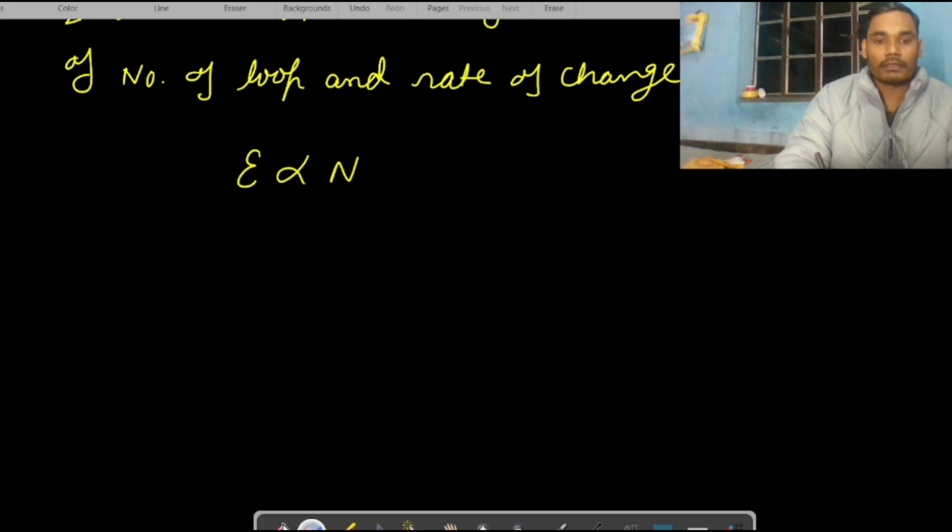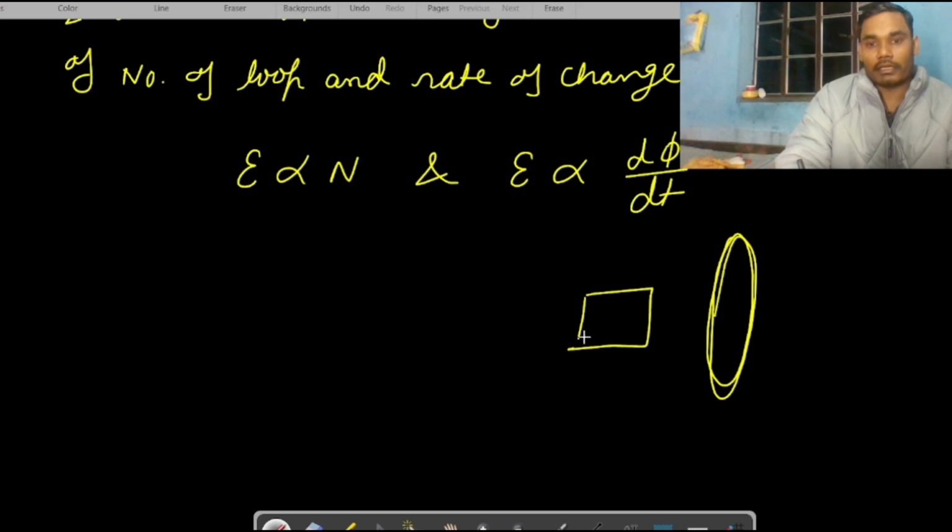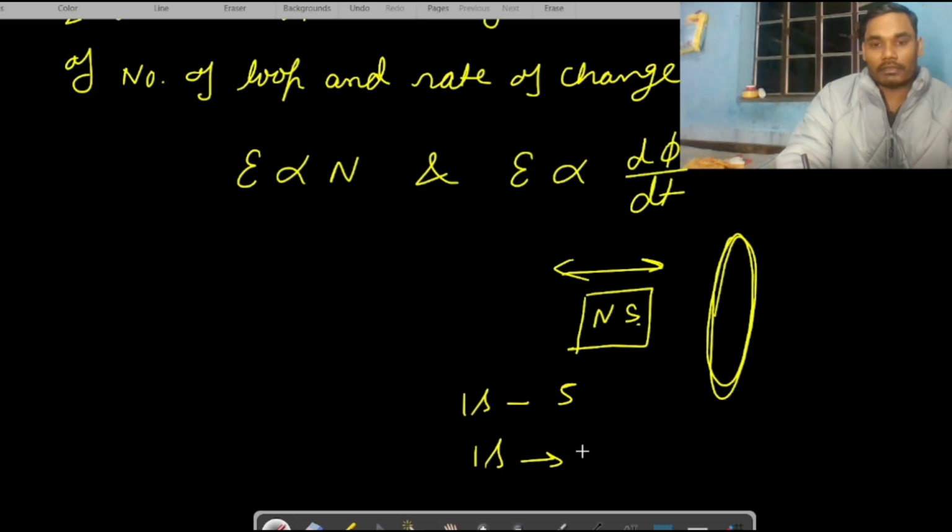Now this EMF is directly proportional to the rate of change of flux. Okay, there is a loop of wire, and here I have a bar magnet, and in 1 second if I oscillate this bar magnet in this way 5 times, and now in 1 second if I double the frequency, if I oscillate it 10 times, then the voltage will be double as earlier.